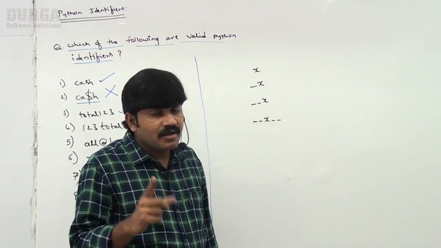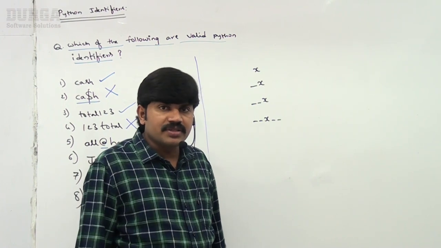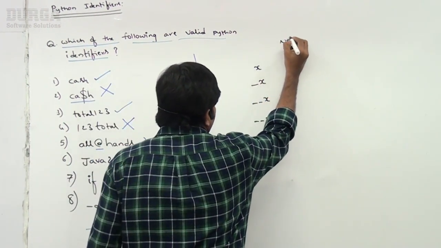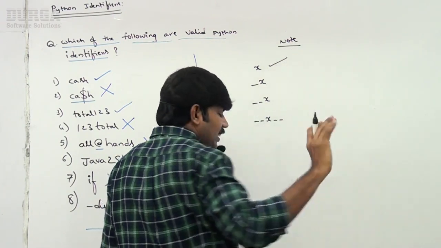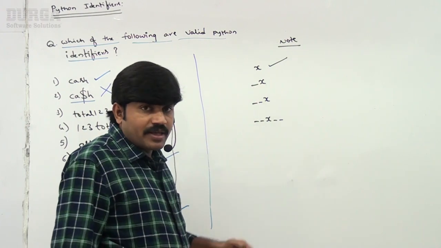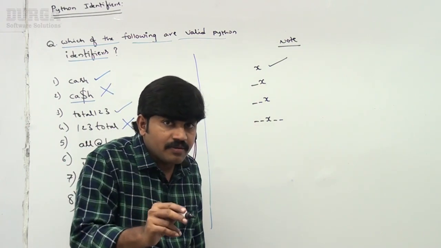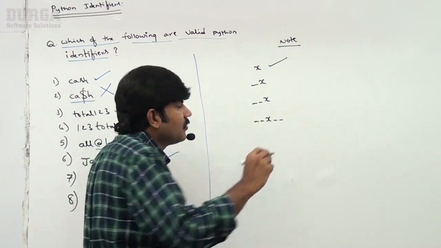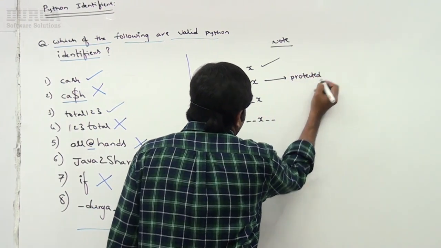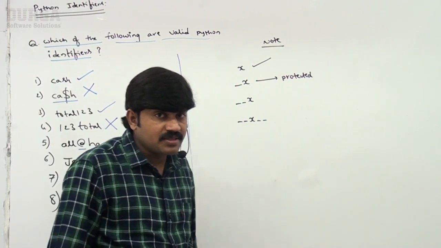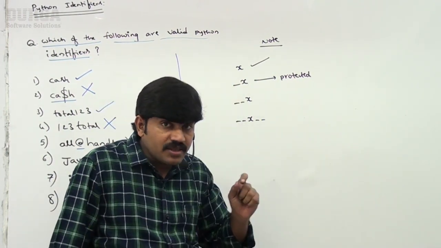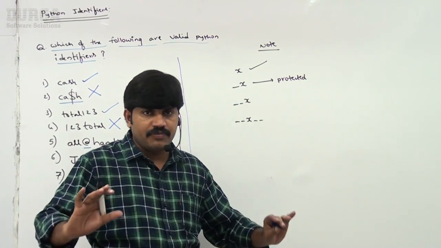Remember, in the OOPs concepts we will discuss this in detail, but for now just be aware. Here x means a normal variable, just like abc. If any variable starts with an underscore symbol, as in _x, this variable is considered a protected variable.